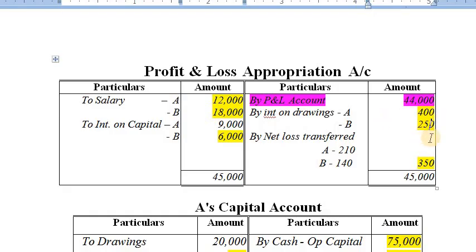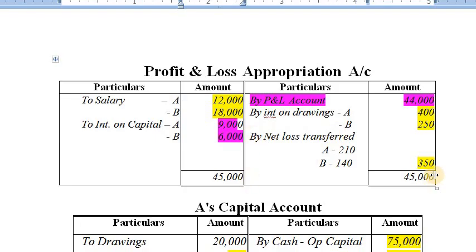And then, add up. You can see interest on capital. A's capital 75,000, so he will get 9,000 interest on capital, and this man gets 6,000 interest on capital. Now there is a problem here.